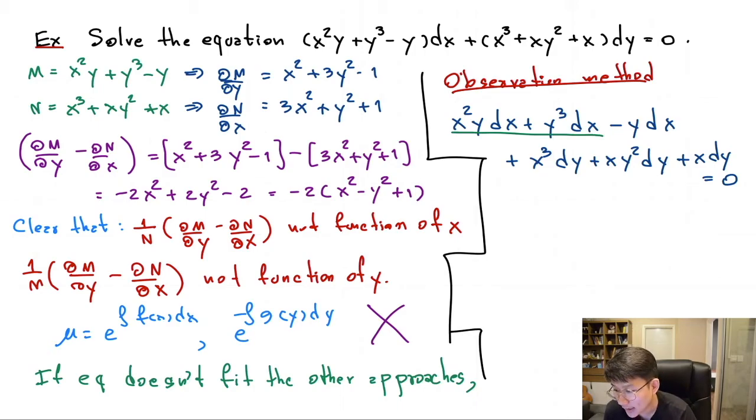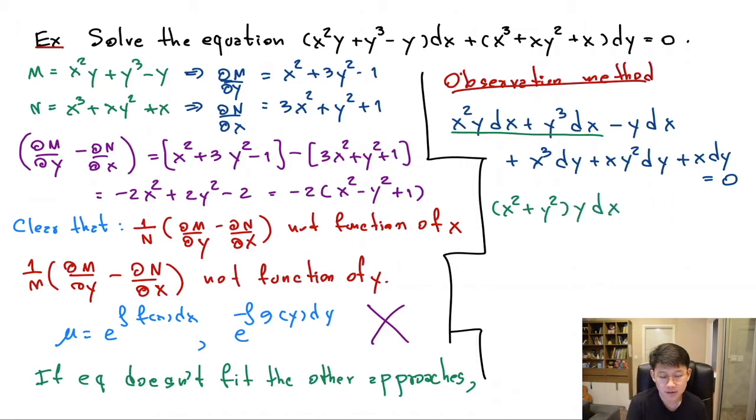So what I get is x squared plus y squared, and then we have y dx minus y dx, sorry. Plus, I do the same for this.